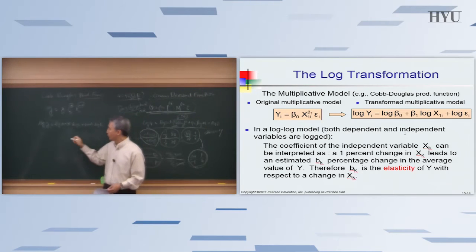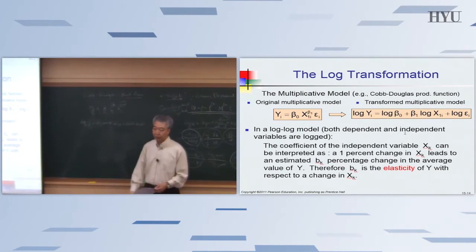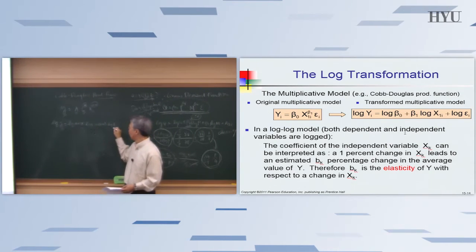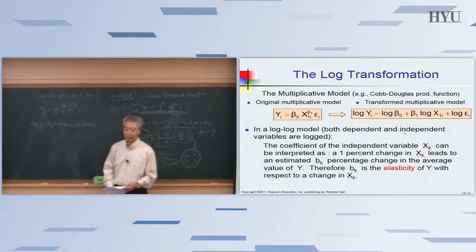They used the GDP as the total output, and total amount of labor input and capital input, and tried to estimate these unknown parameters.